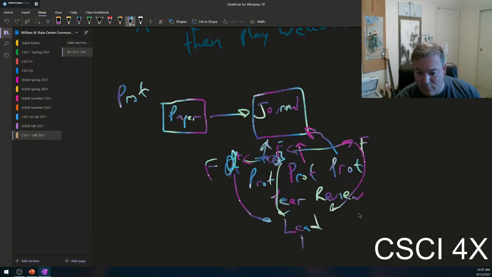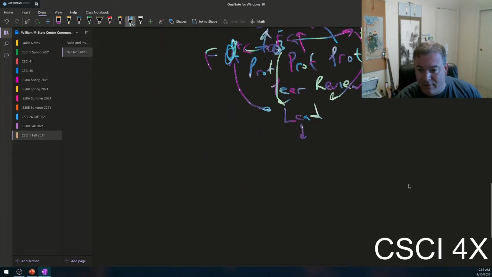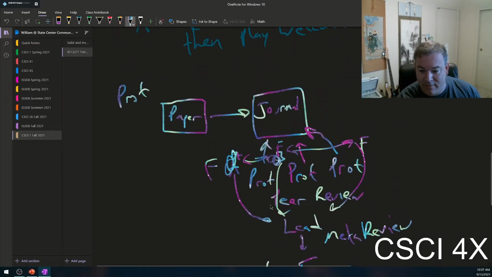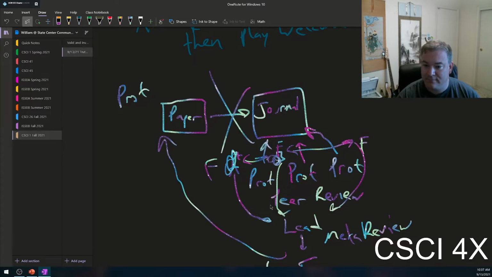And then the lead will produce what's called a meta review. Meta review, F, thumbs down, and that gets sent back to the person here, and it doesn't get published. So you submit a paper, and 3 of your peers, people that are somewhat knowledgeable on the subject, will talk about it and engage in peer review.